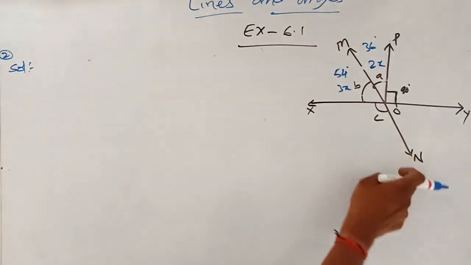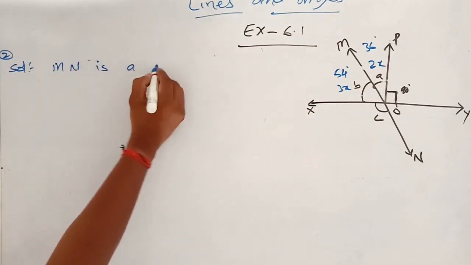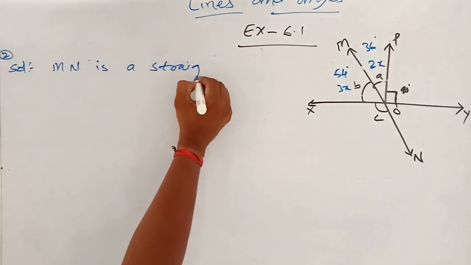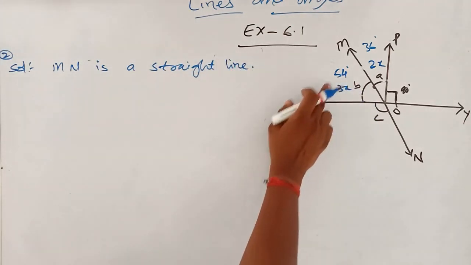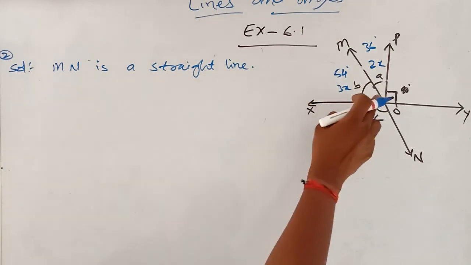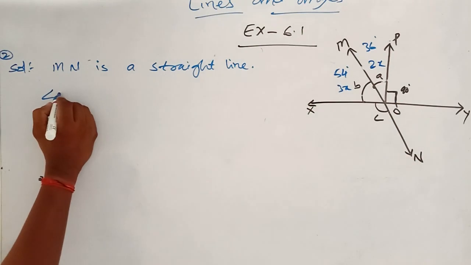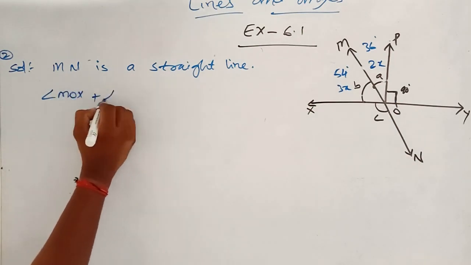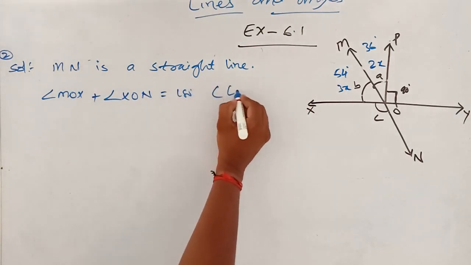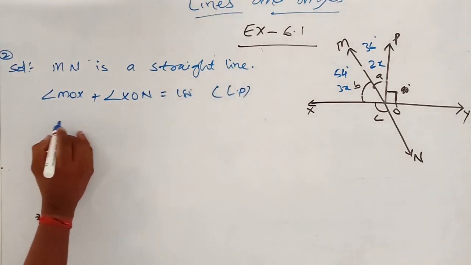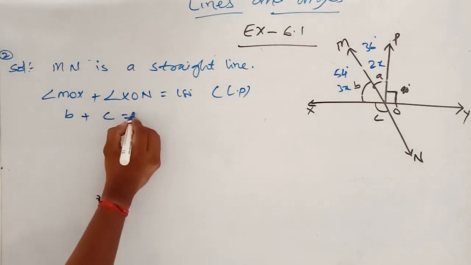So for the C value, MN is a straight line. Now angle MOX and angle XON are adjacent angles and it is a linear pair. Angle MOX plus angle XON is equal to 180 degrees because it is a linear pair. MOX, that is B plus C, is equal to 180.